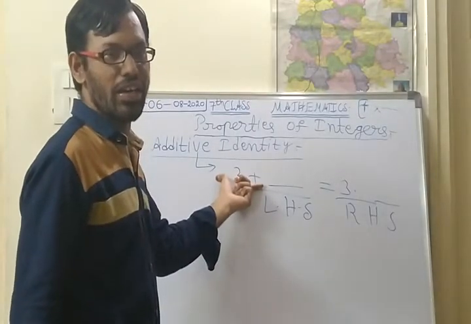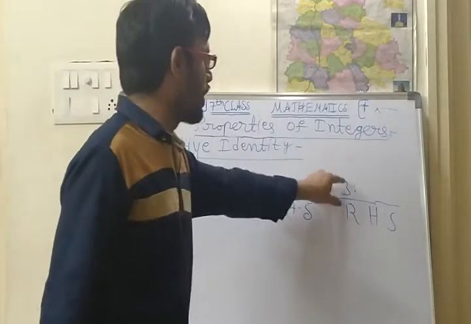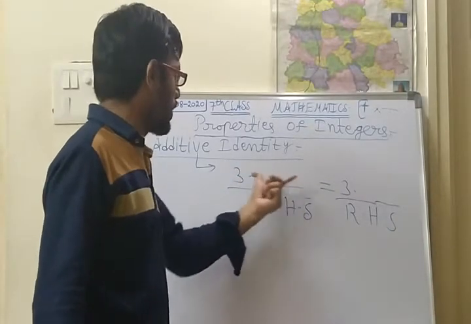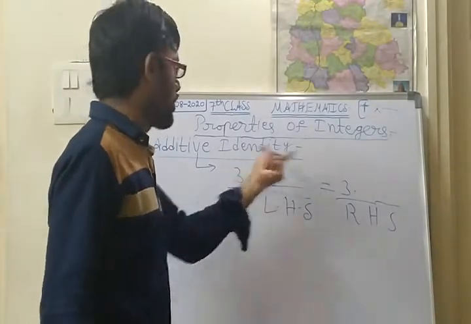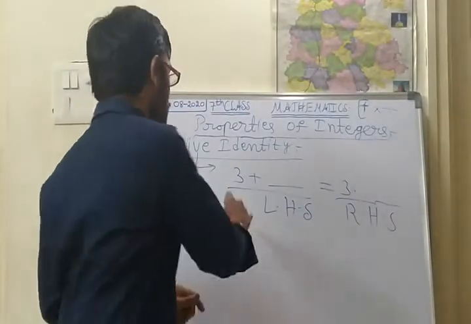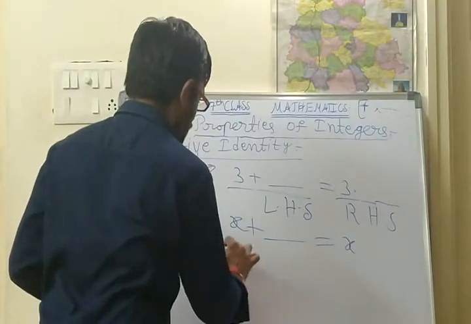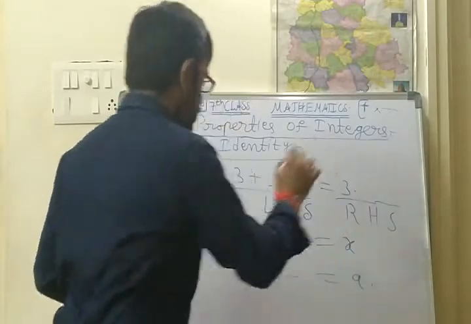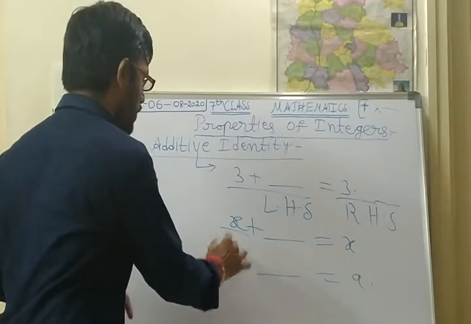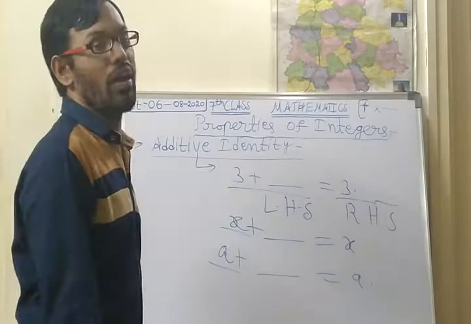If you are taking 3, the result also should come 3 only. So x plus something is equal to x, that means a plus something is equal to a only. The same result should come whatever main identity we are taking. That type of property is called additive identity.